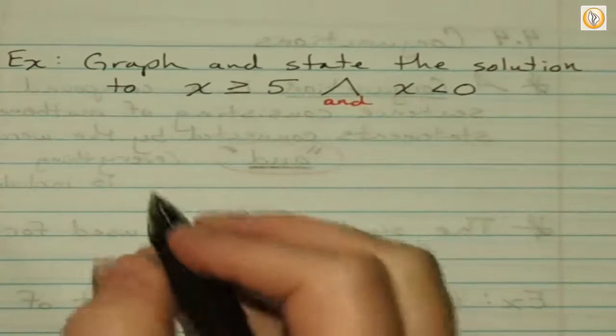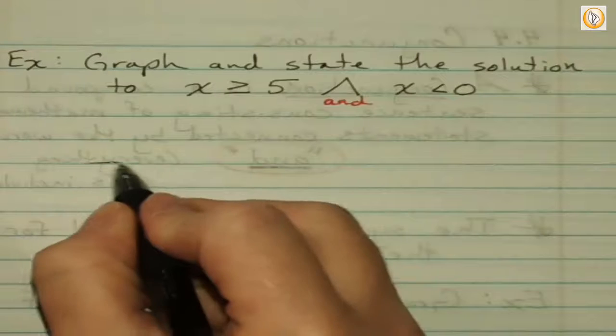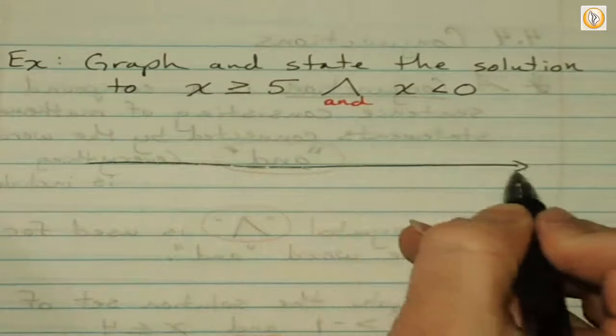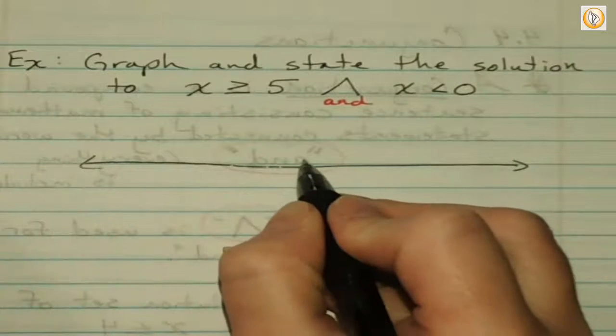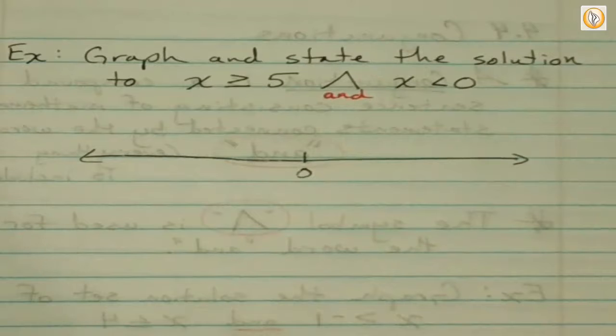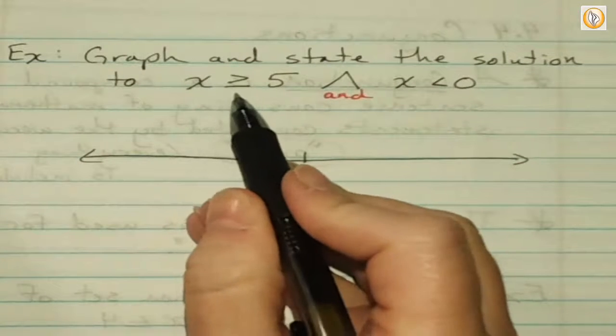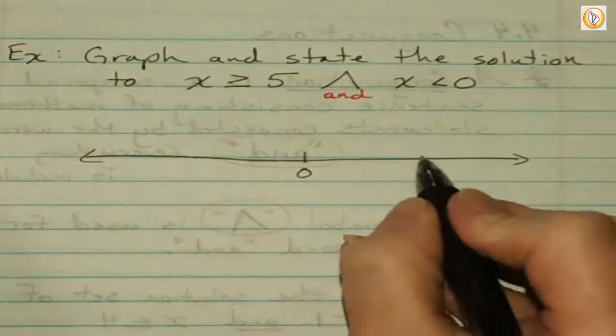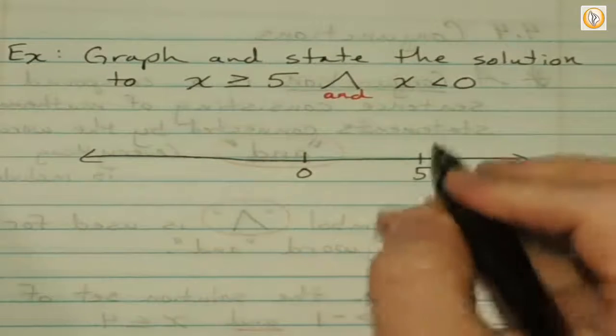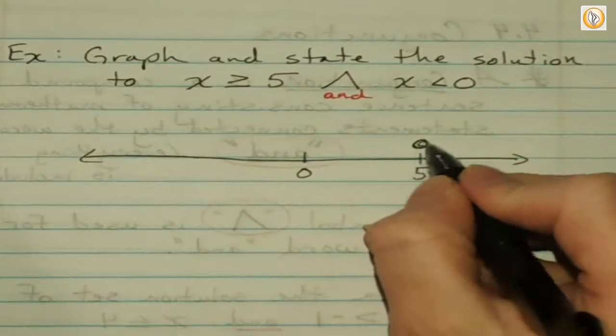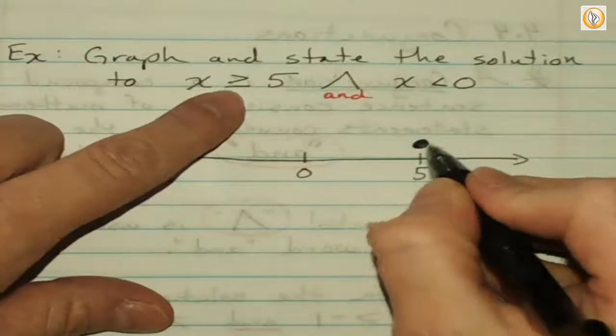All right. So we're going to graph this one. Put your pencils down and watch me graph. I'm going to graph this first one. X is greater than or equal to 5. So that's going to be a closed circle because it's included.